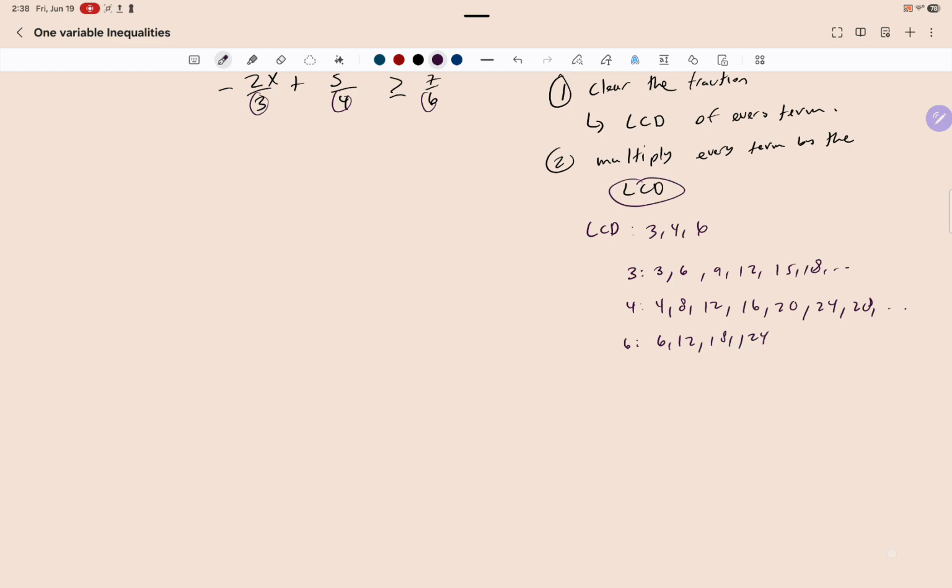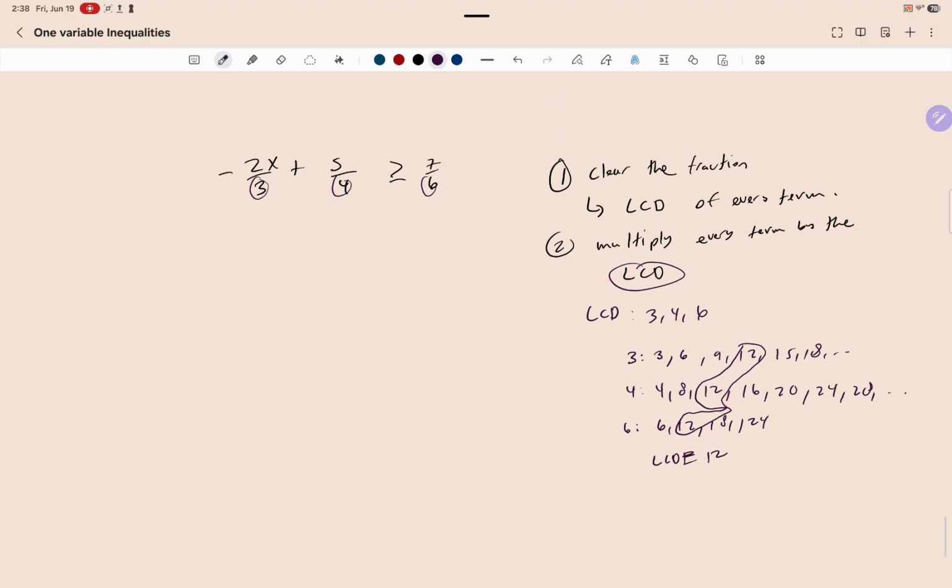The LCD would be the first number that they all have in common. So looking at my list of numbers, the first number that they have in common is 12. So in this case, the LCD is 12. So going back to our problem now, I'm going to multiply every term by 12.